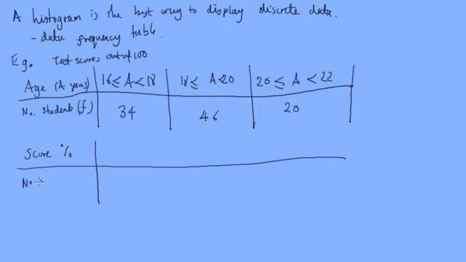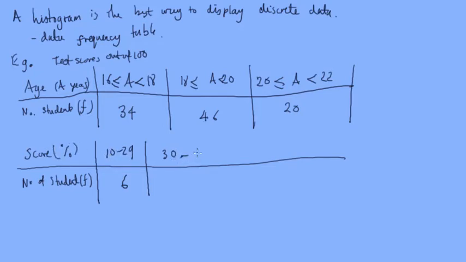the, again, number of students. So between 10 and 29 gets 6. 6 students score between 10% and 29%.